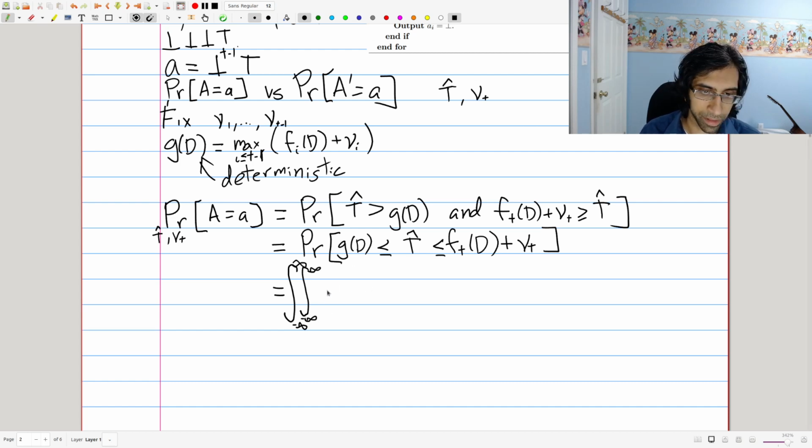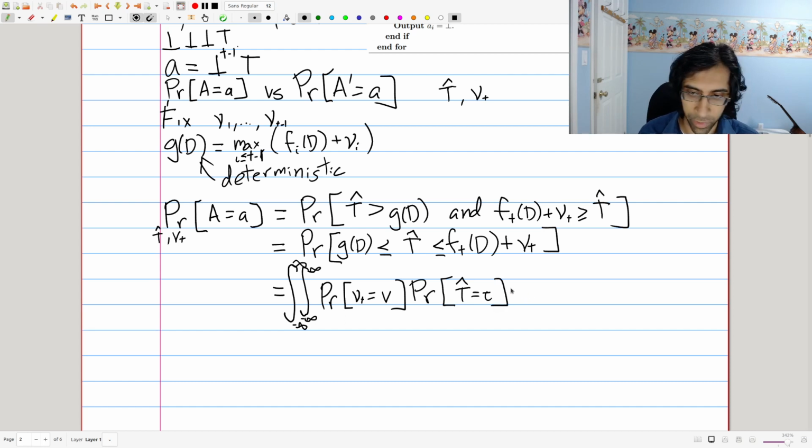And the term that's inside, I'm going to use a bit of an abusive notation here. This really means the PDF, but we'll just write it as the probability that t hat equals tau.